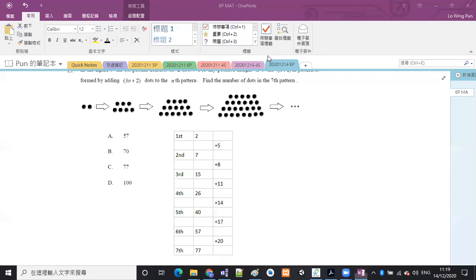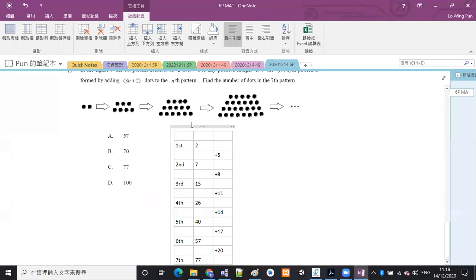How do we know we add 14? Because the extra number, so this column I call the extra dots. Okay, extra number of dots is actually 5, 8. Can you see that? This is plus 3, plus 3, plus 3, plus 3, plus 3.